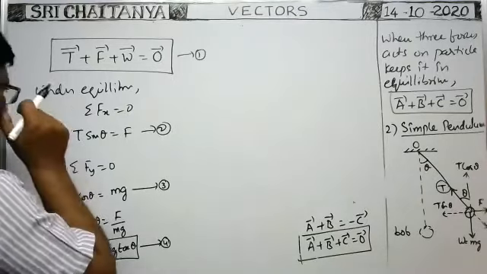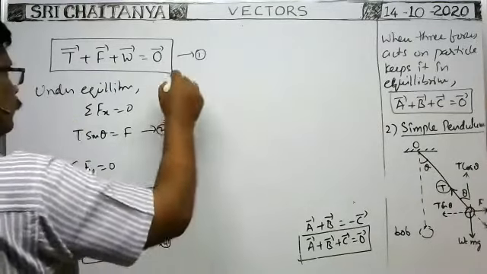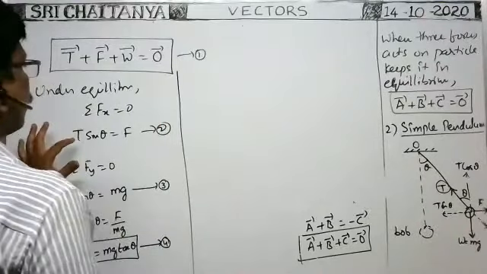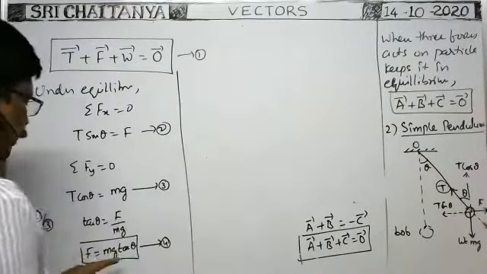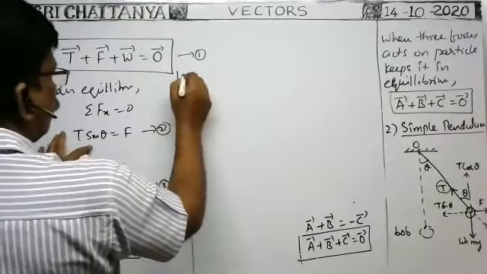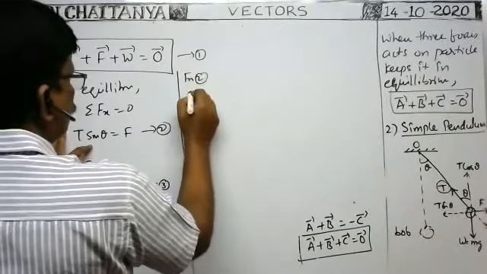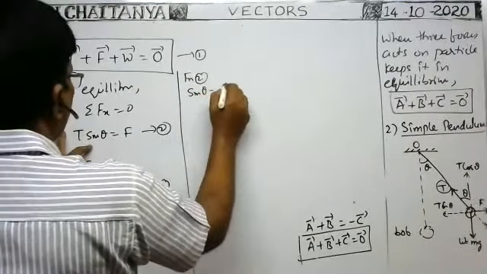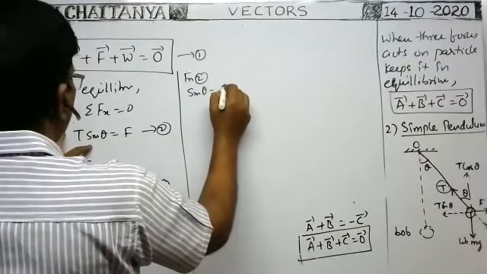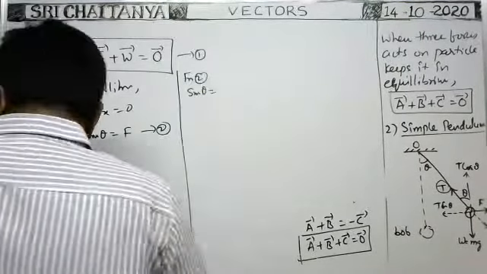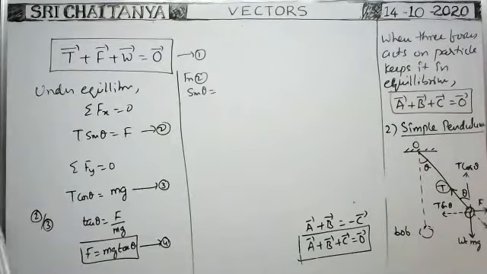Here, from 2, sin theta is equal to F by T. Here we can apply Lami's theorem also.